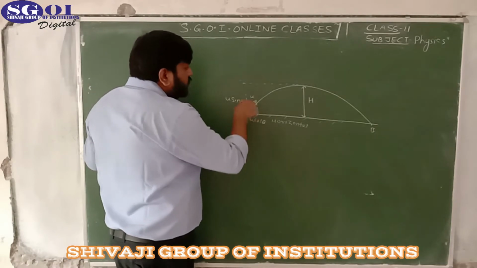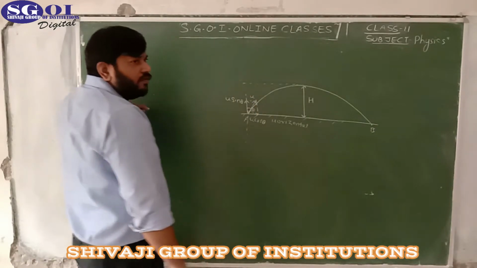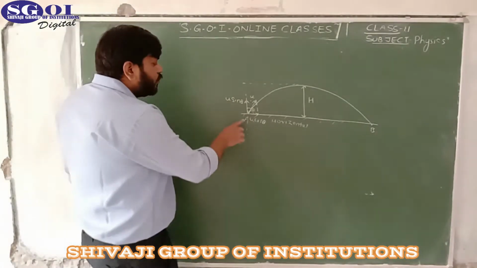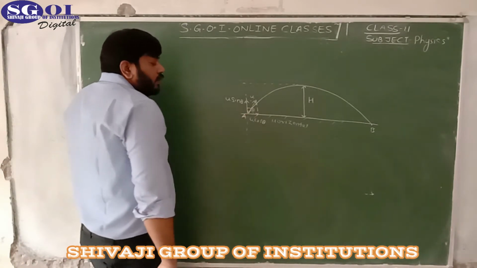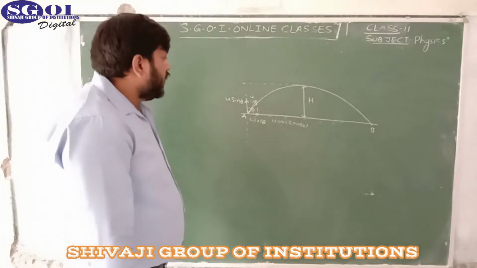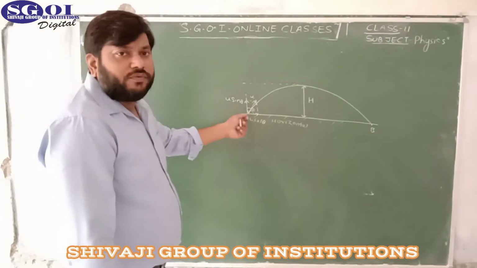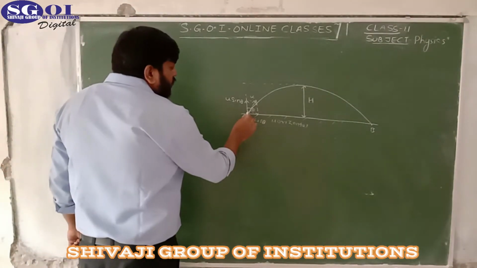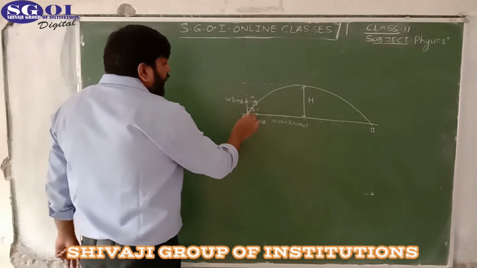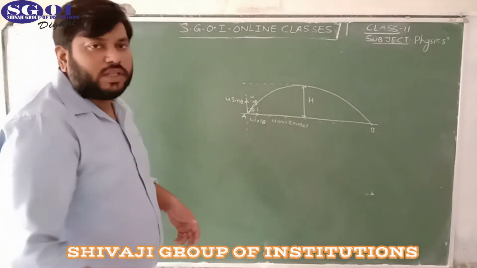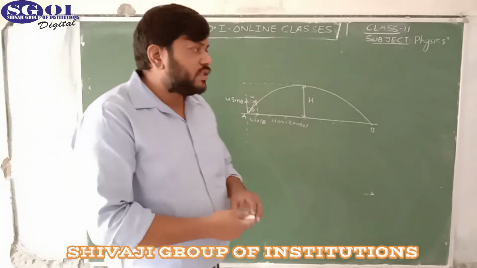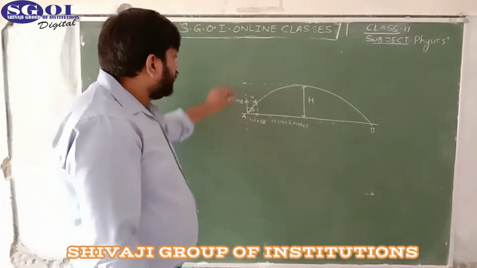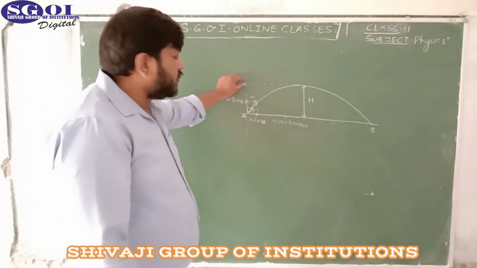For this particular vertical case, the initial velocity of the object when it was projected from the point A with initial velocity u at an angle theta, the vertical component of the velocity is u sin theta. It means the initial velocity at this point is u sin theta, and as the object goes vertically upward, we know that the velocity of the object reduces, and finally at a particular place on the vertical axis, the velocity becomes 0.